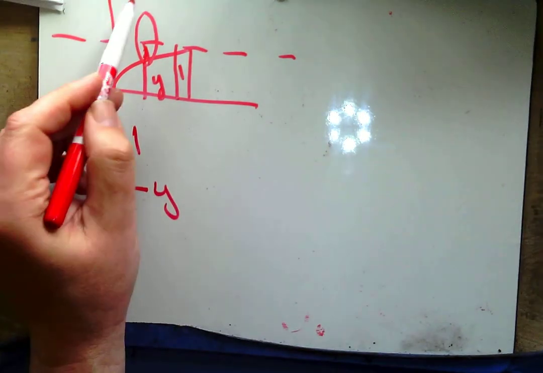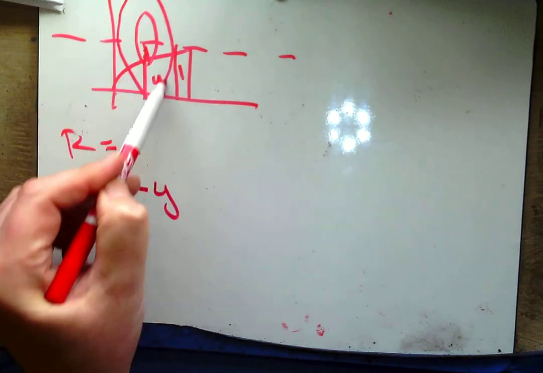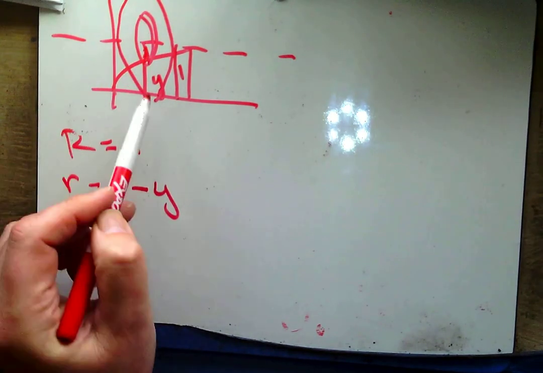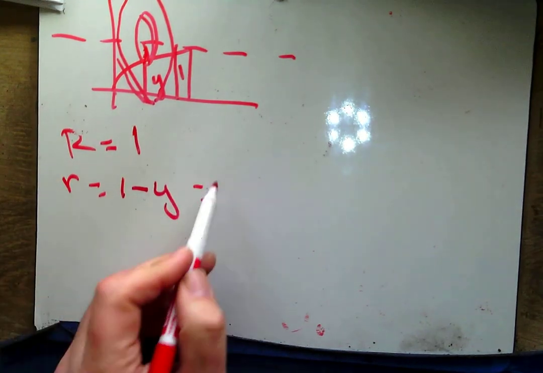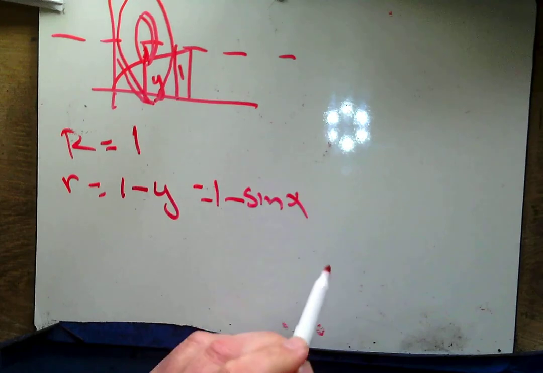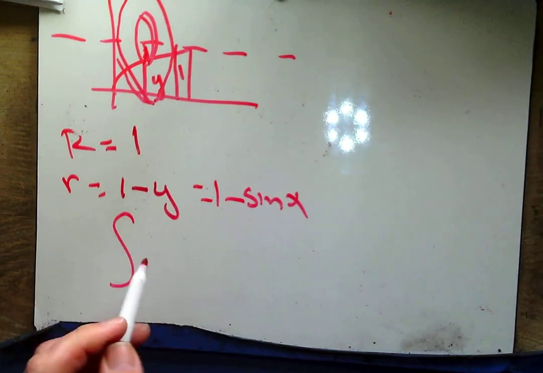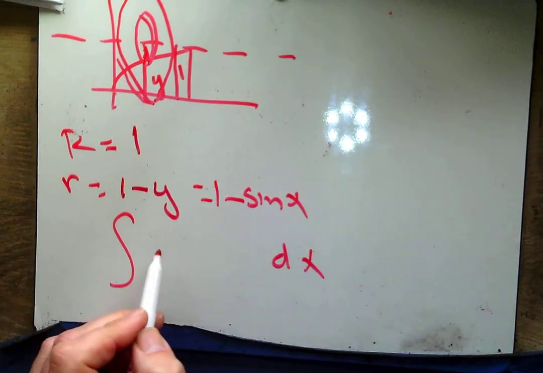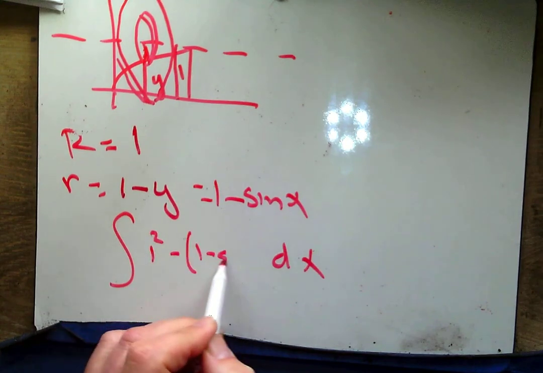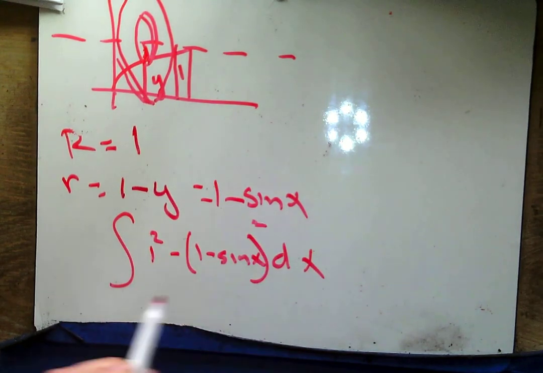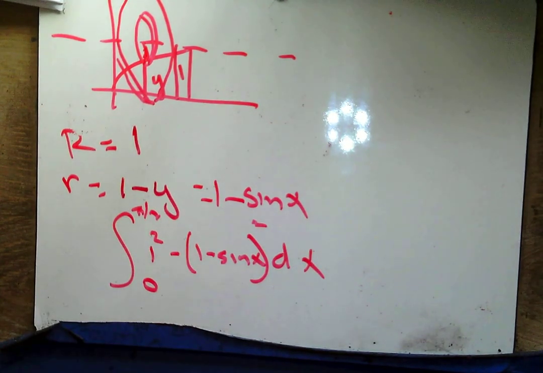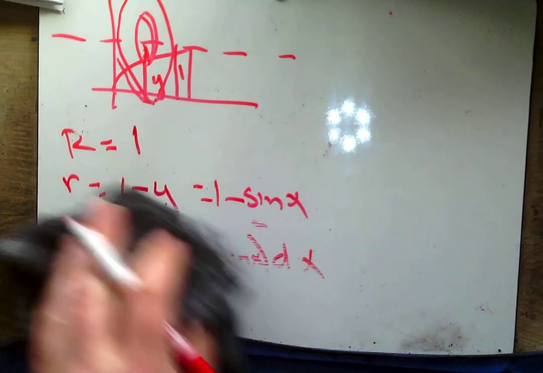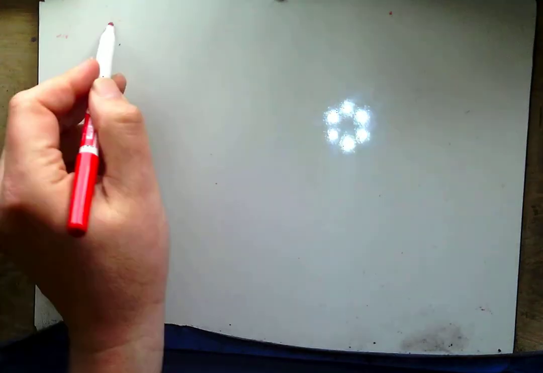But this shape is a dx integral. And because this is a dx integral, I want 1 minus sine x. So my setup, dx, big R squared minus little r squared, and we're going from 0 to pi over 2. Okay. What if we do about y equals 1, but this time with shells?